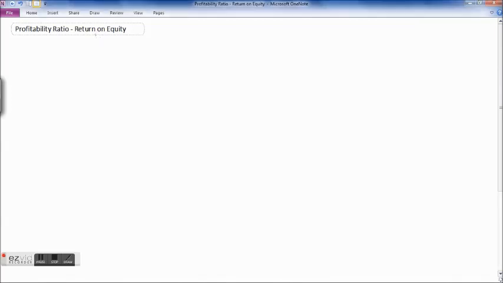So this return on equity is a profitability ratio for analysis from owner's point of view.